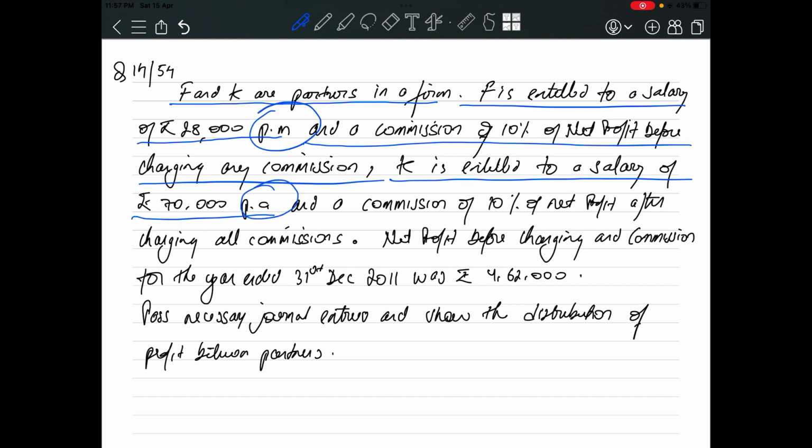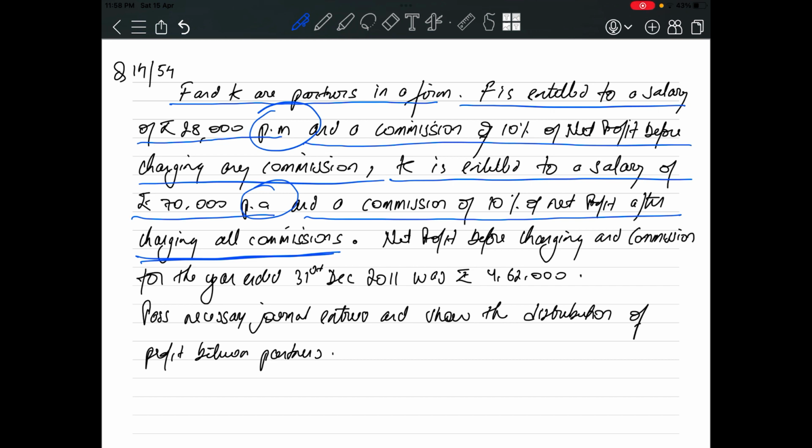Per month means 28,000 for one month, and per annum means 70,000 in a year. K is also entitled to a commission of 10% of net profit after charging all commissions.